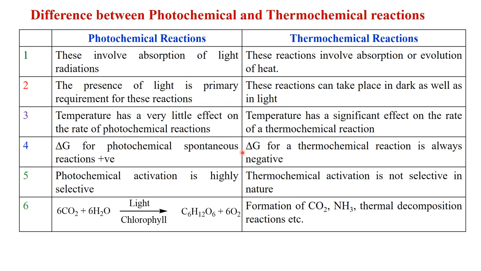Fourth one is delta G, that is Gibbs free energy. For photochemical reactions it is positive, while the Gibbs free energy for thermochemical reactions is always negative for spontaneous reactions.